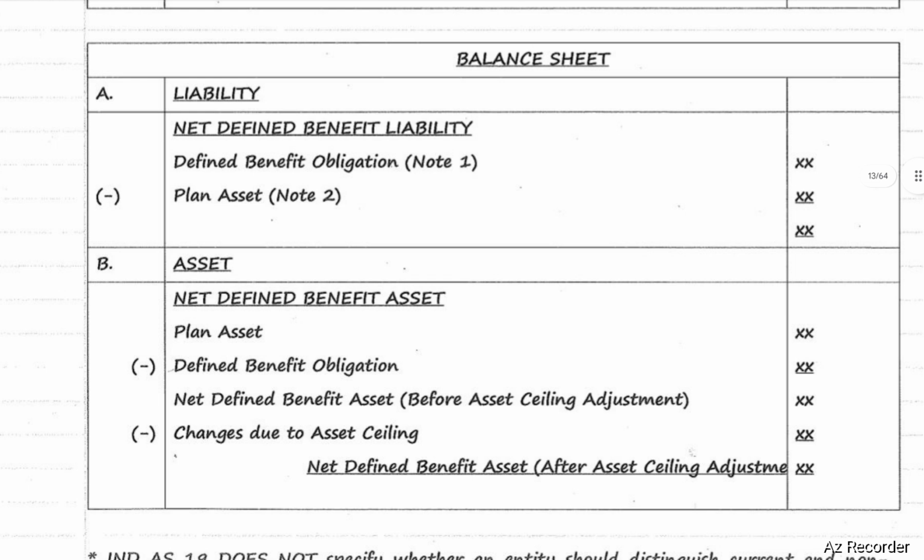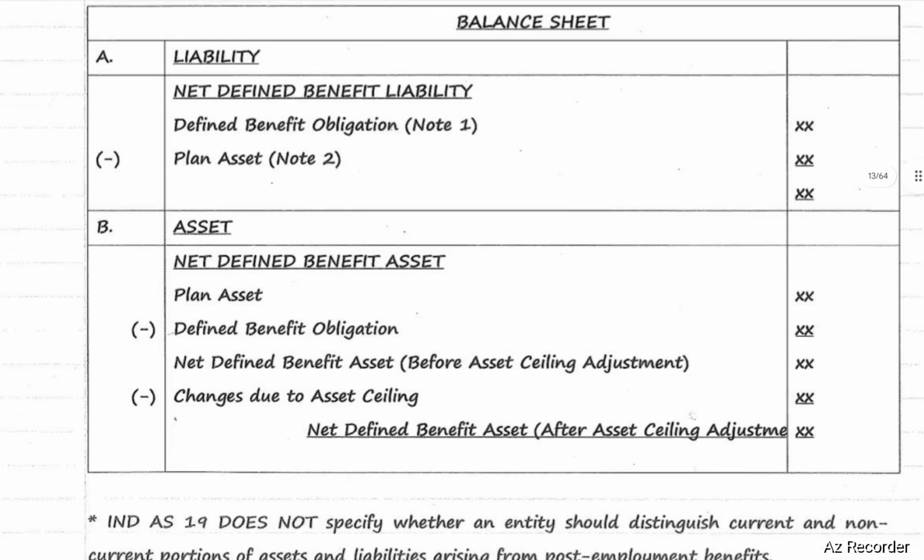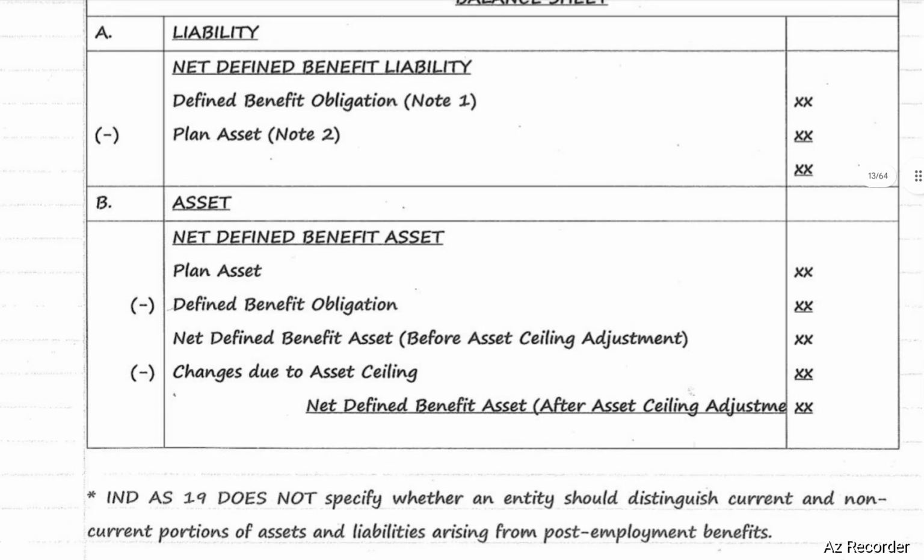In case of assets, net defined benefit asset, plan assets less defined benefit obligation. We will get net defined benefit asset before asset ceiling adjustment, minus changes due to asset ceiling. We will get net defined benefit asset after asset ceiling adjustment. Ind AS 19 does not specify whether an entity should distinguish current and non-current portions of assets and liabilities arising from post-employment benefits.